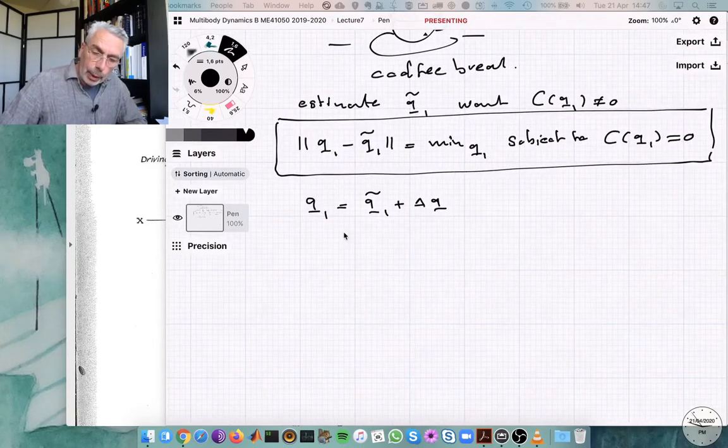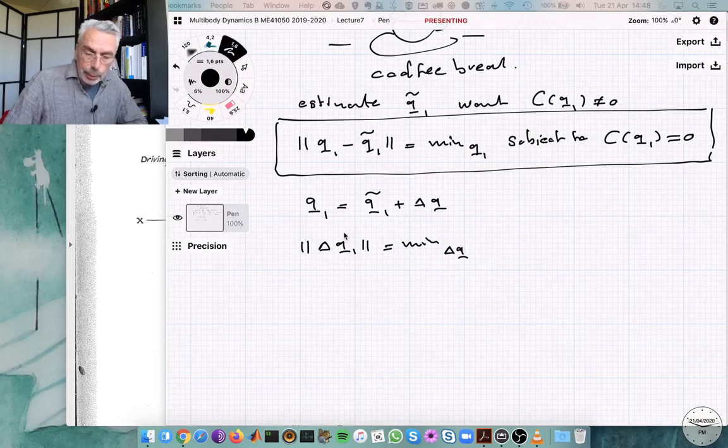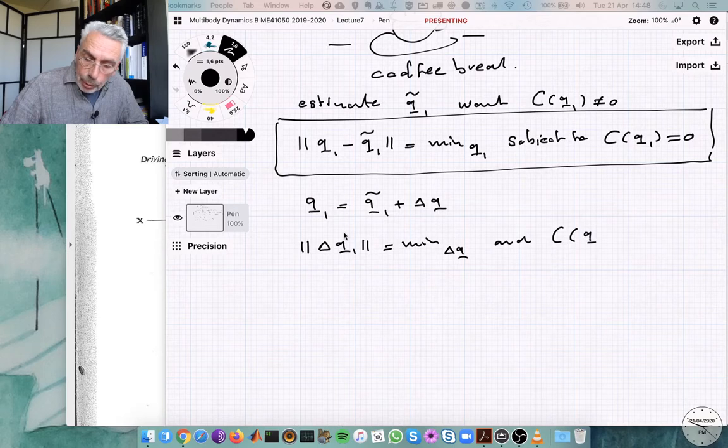And if we now look at our problem and substitute this, then actually these cannot change and this will change. So the norm of the delta Q should be minimal with respect to our delta Q. Our delta Q is now our variable. And of course we have that C of this Q tilde plus delta Q should be 0.